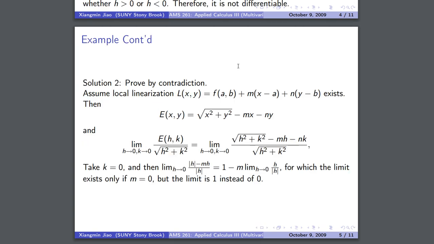So one of the usual ways to prove that a function is not differentiable is to use the error, okay? You take this limit, and if you get 0, the function is differentiable. If you don't, the function is not differentiable.